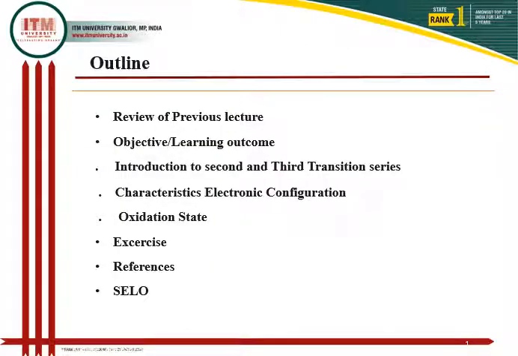The outline of the presentation: the review of the previous lecture, the objective or learning outcome of this lecture, the introduction to the second and the third transition series elements, characteristics in which we discuss the electronic configuration and oxidation state of both series elements.